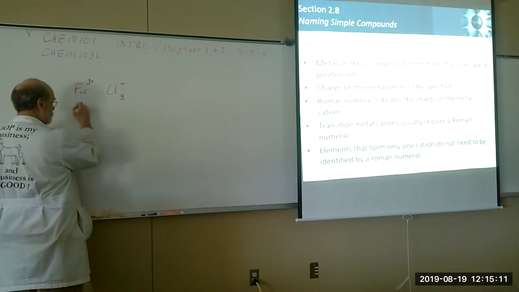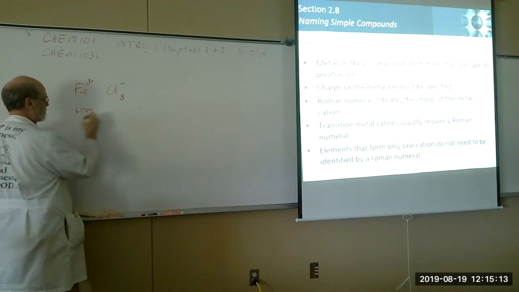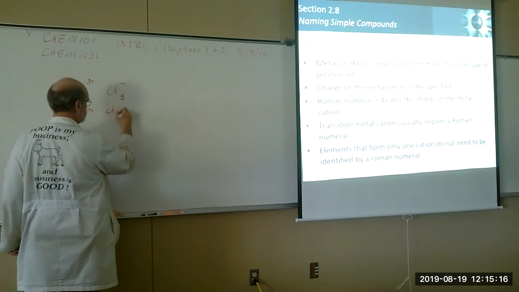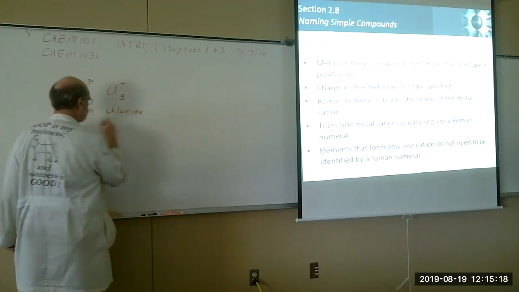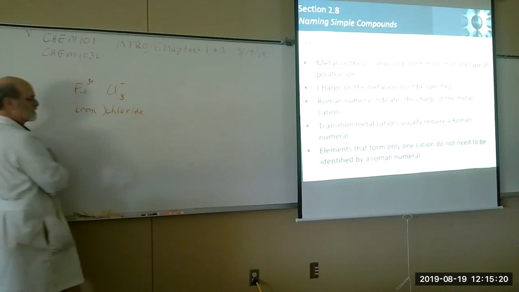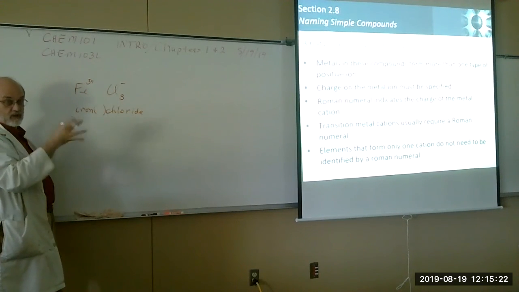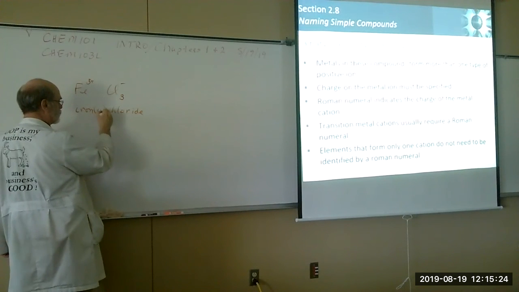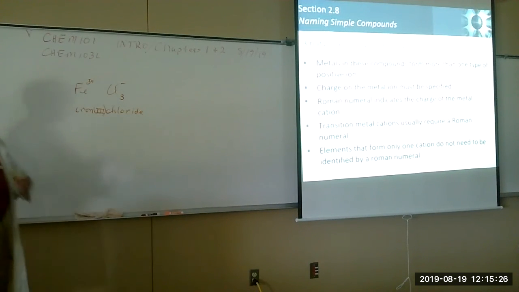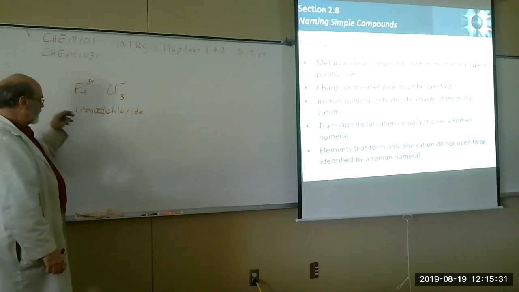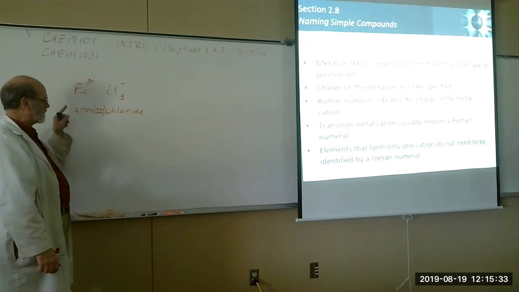So we just say iron, chloride, and then in here, we specify the charge on the iron because it could be variable. Say (III). That's the charge on iron. Now, unambiguously, we have identified the charge on the iron.